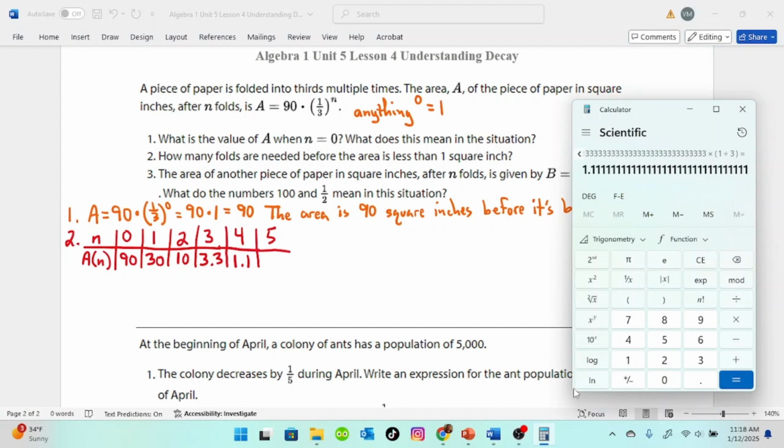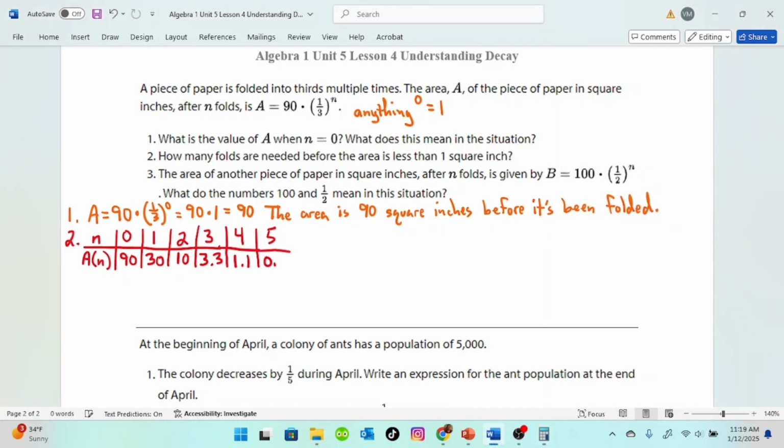So now we take this remaining 1.1 and multiply it by 1/3, and we get 0.37, which would round to 0.4.